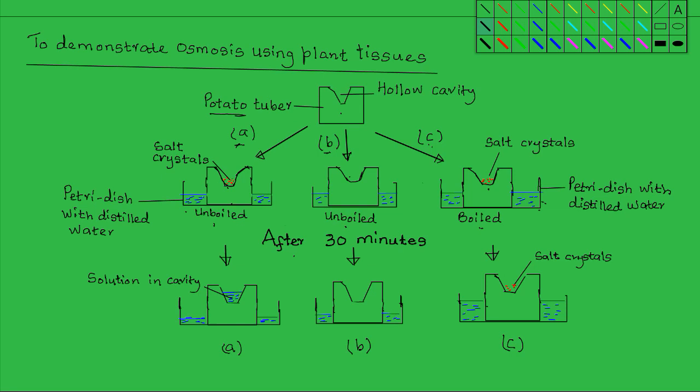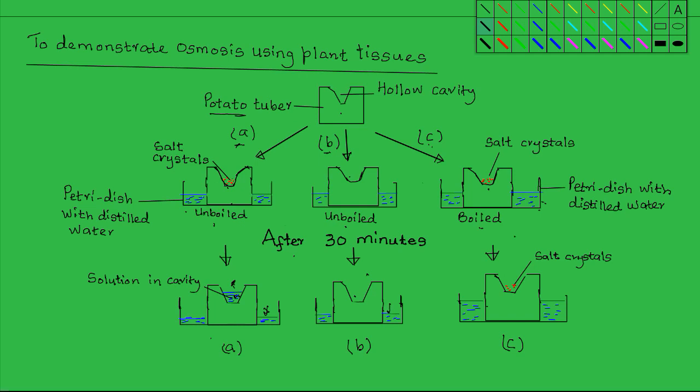In the first tuber, it will be observed that water will accumulate in the cavity, and the level of the water in the petri dish is going to go down. In the second tuber, we will see that no solution is formed in the cavity, but the level of the water in the petri dish reduces slightly.